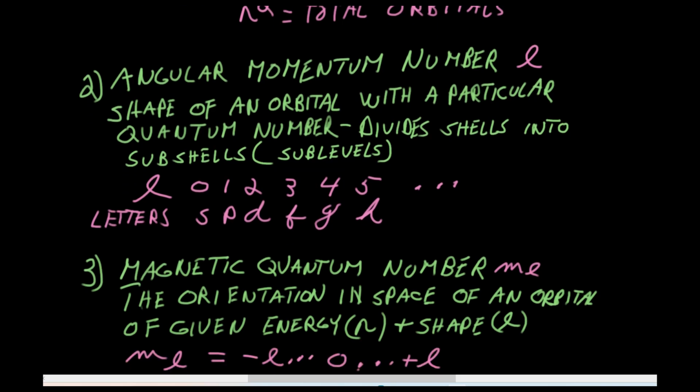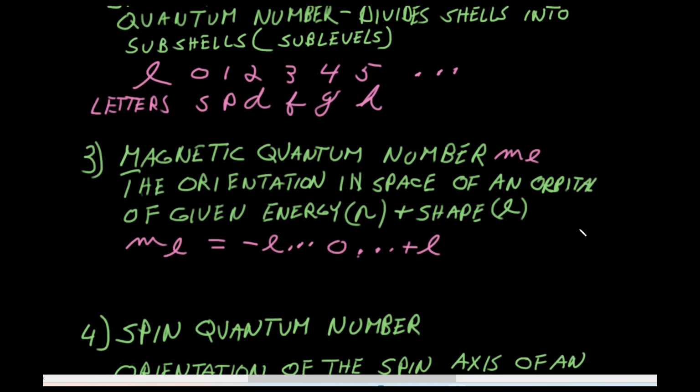The third quantum number is going to be the orientation in space of an orbital of a given energy and shape. And the third quantum number is m with a subscript of l. Now what this means is m sub l, you're going to start with a negative value and then go to 0, and then you're going to have positive values.